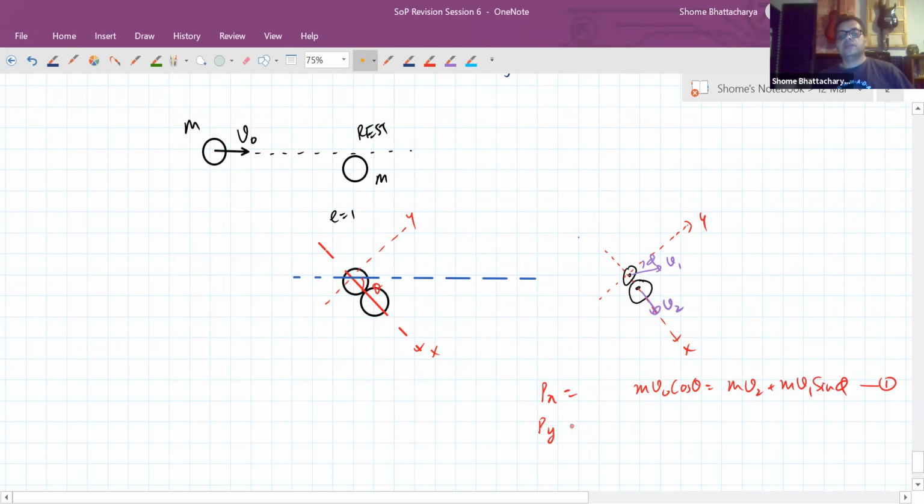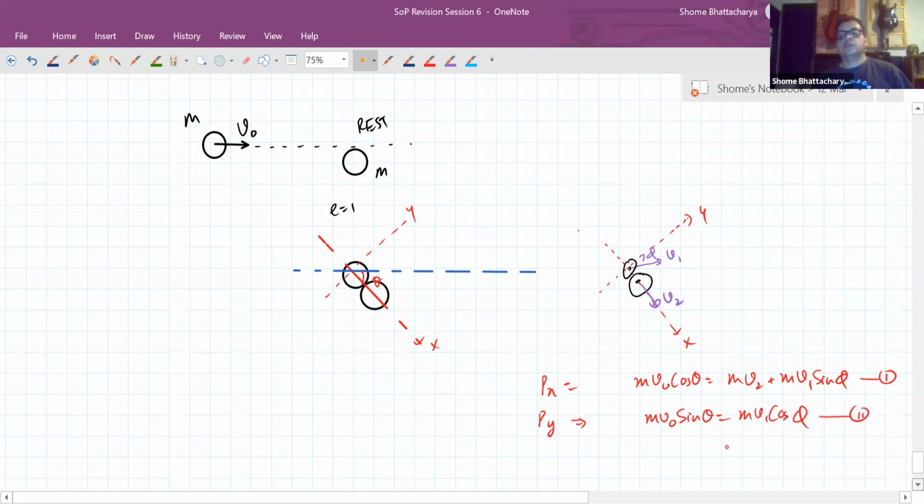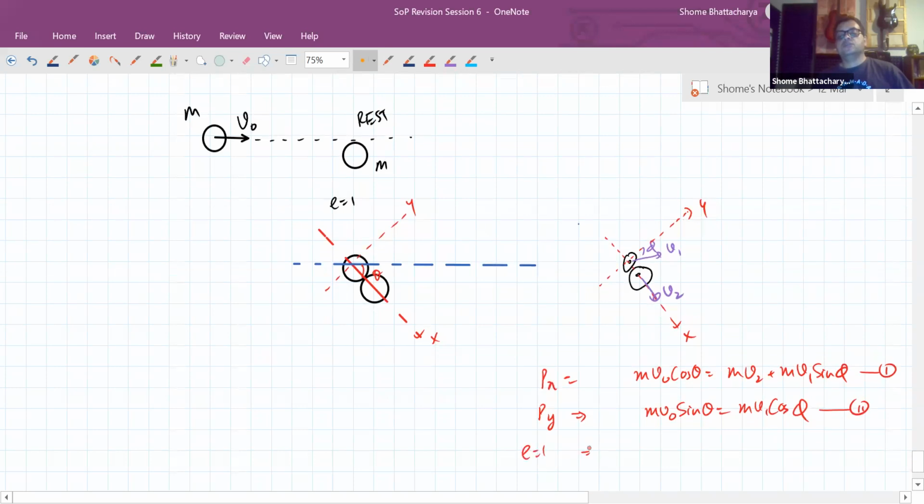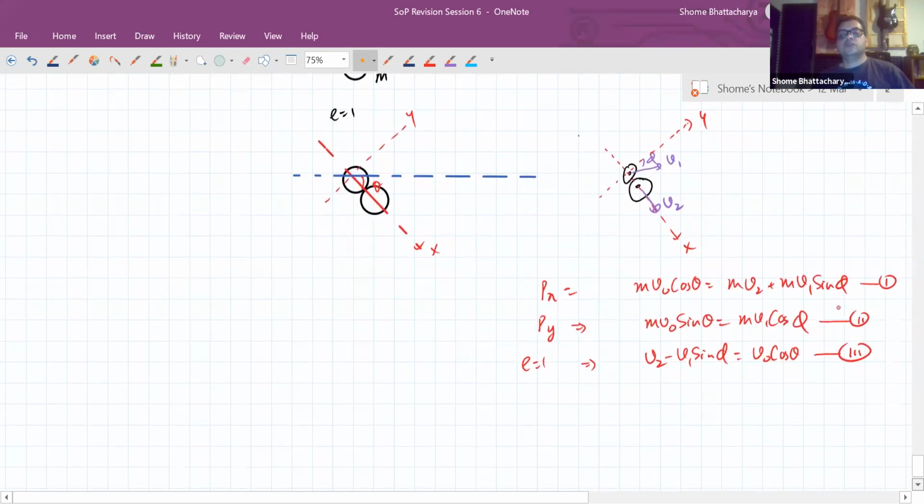Conservation along the y-axis will show us that m v0 sin theta is equal to m v1 cos phi. And the coefficient of restitution being 1 will show us that v2 minus v1 sin phi should be equal to v0 cos theta.